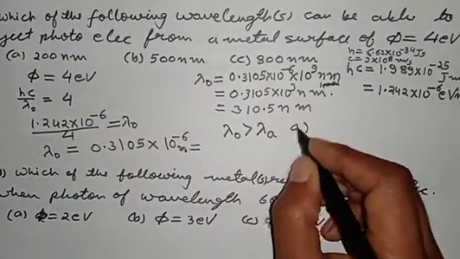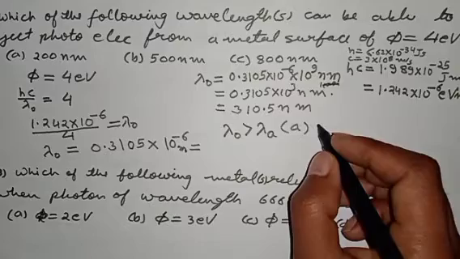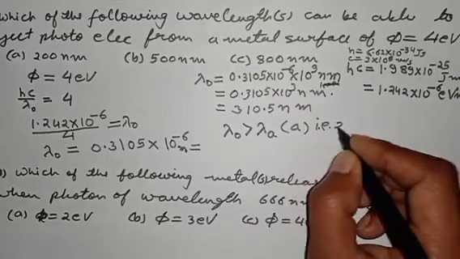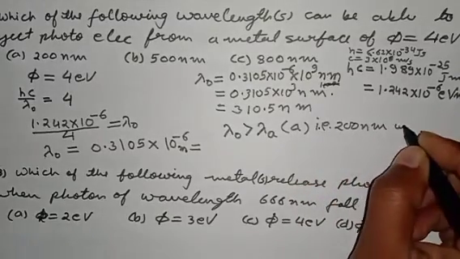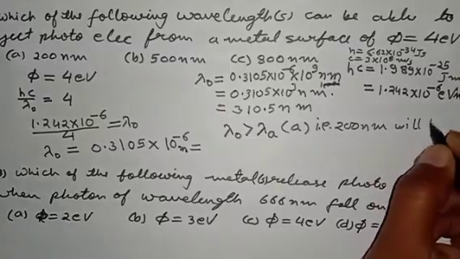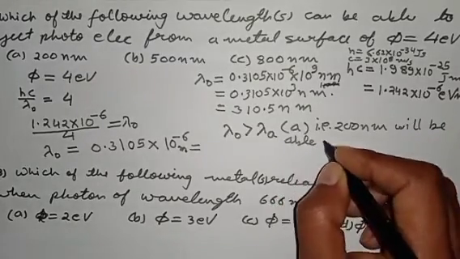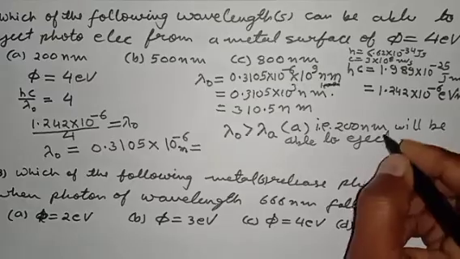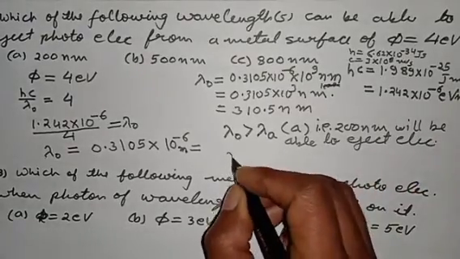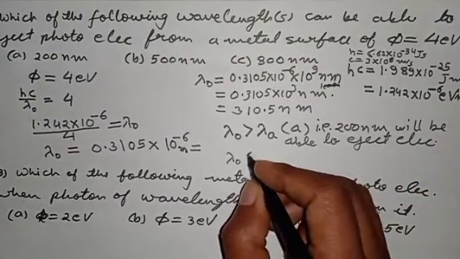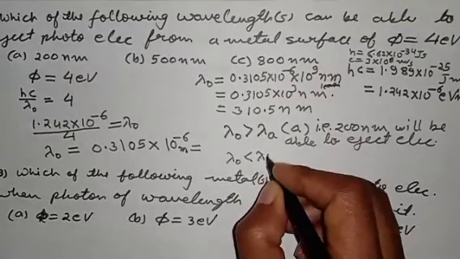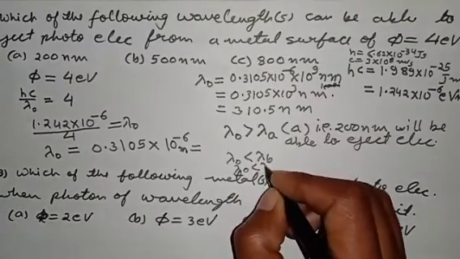So a, that is 200 nanometer, will be able to eject electron, whereas lambda naught is less than lambda b, and also lambda naught is less than lambda c.